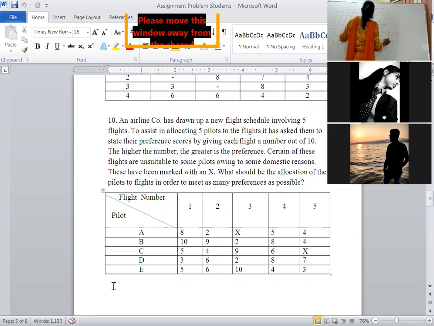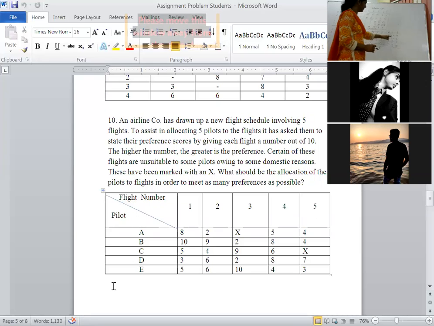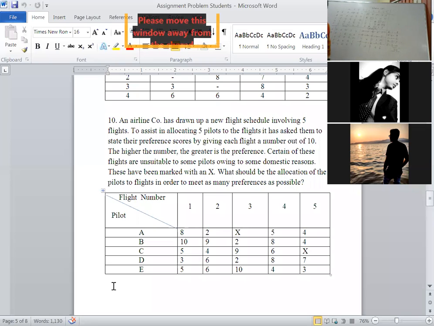E goes to 3, the value is 10. Whatever the answer, write it down. 13 plus 7, 30. 40. The answer is 40.